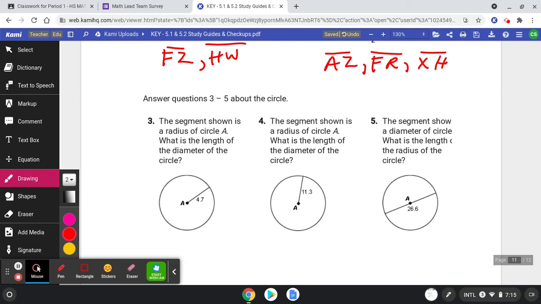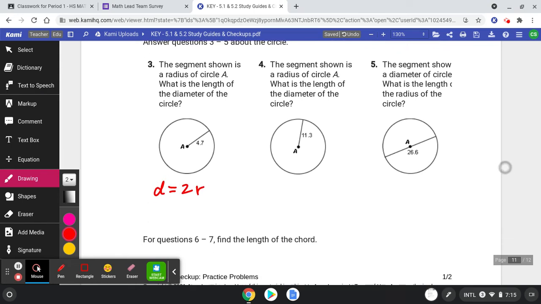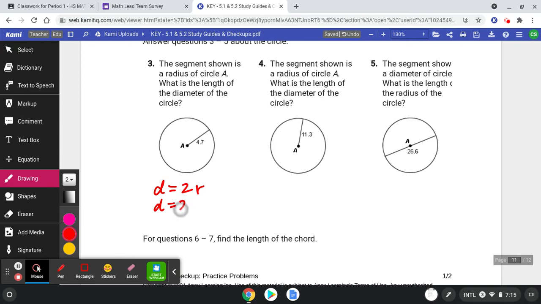Next, the next part is telling us that we've got a radius of 4.7, so what is the diameter? Remember that the diameter is just double the radius. So we would say that the diameter equals 2 times the radius. The diameter is equal to 2 times 4.7, and therefore our diameter is 9.4.